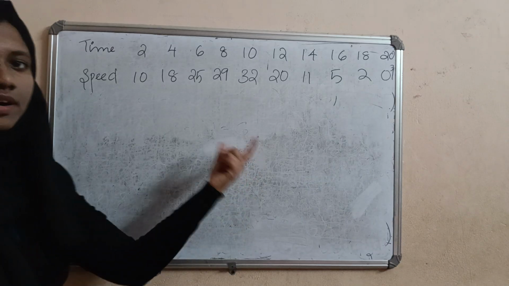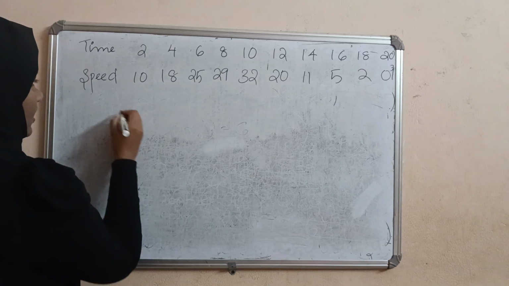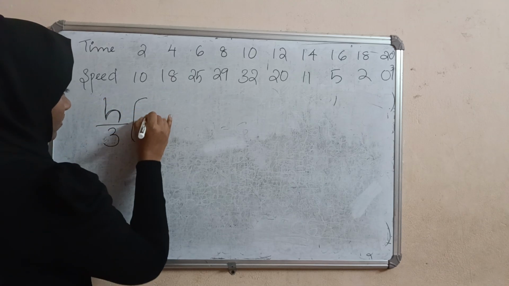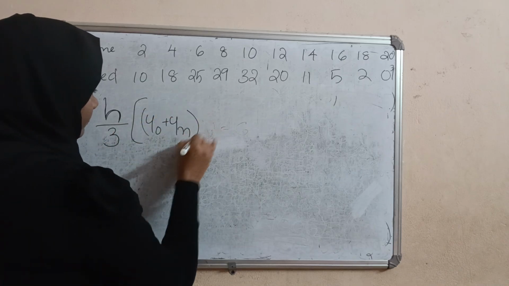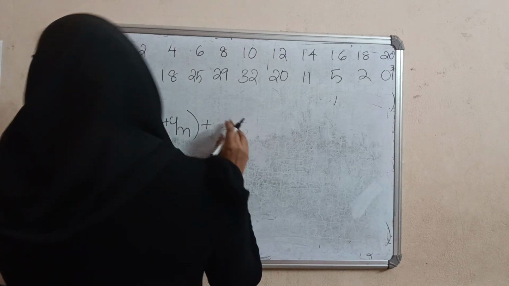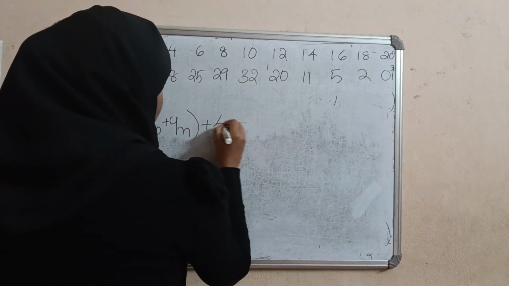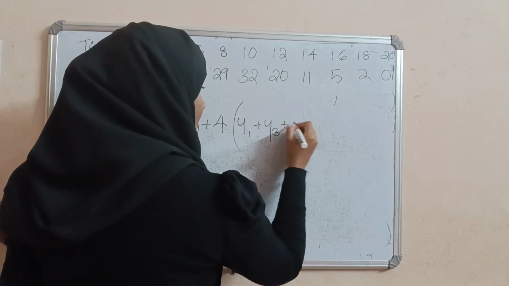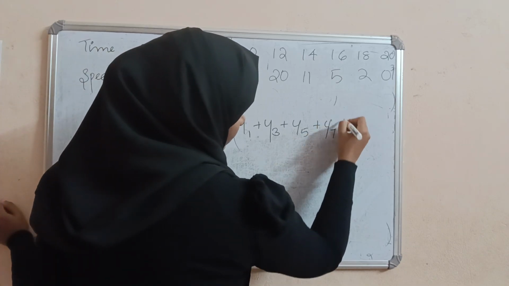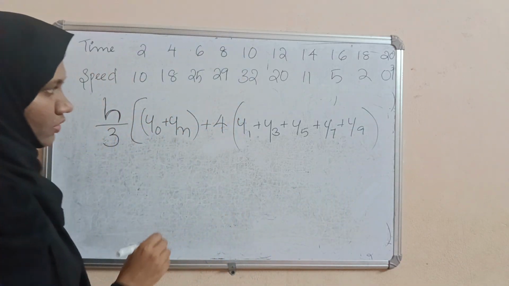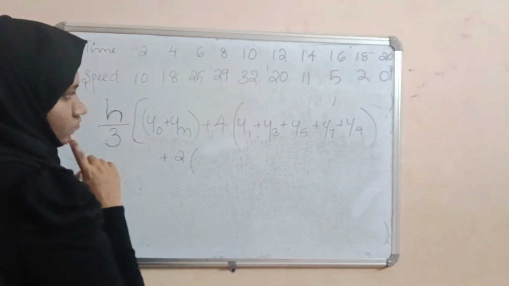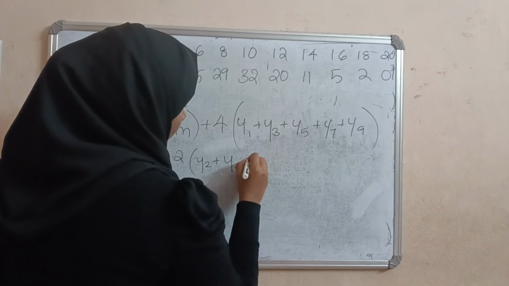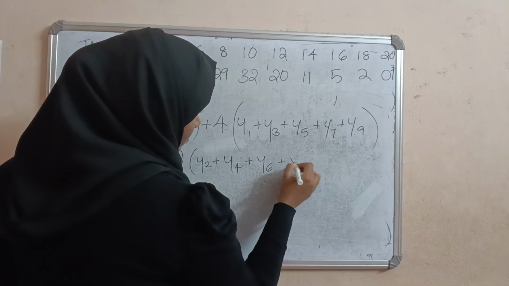So according to Simpson's 1/3 rule, the equation is h by 3 into y0 plus yn, plus 4 into the sum of all the odd terms, so y1 plus y3 plus y5 plus y7 plus y9, plus 2 into y2 plus y4 plus y6 plus y8.